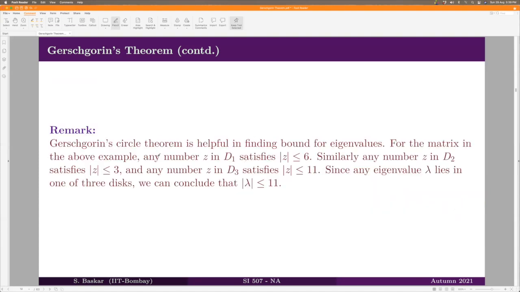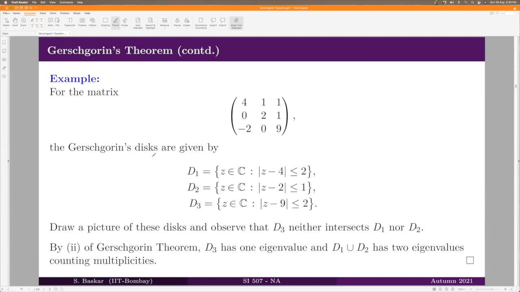Another interesting part in the Gerschgorin theorem is that it also gives you a bound for your eigenvalues. How is that so? From here, you can see that mod z minus 4 is less than or equal to 2.